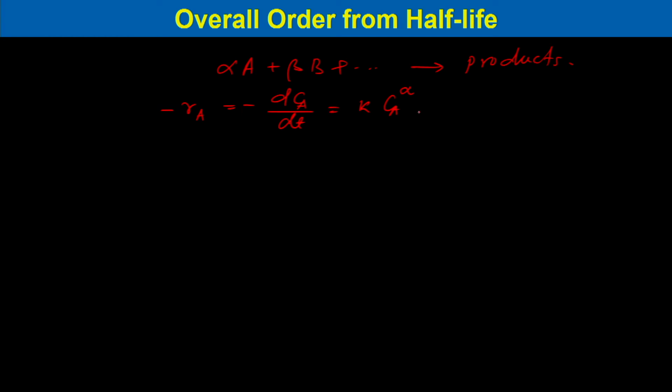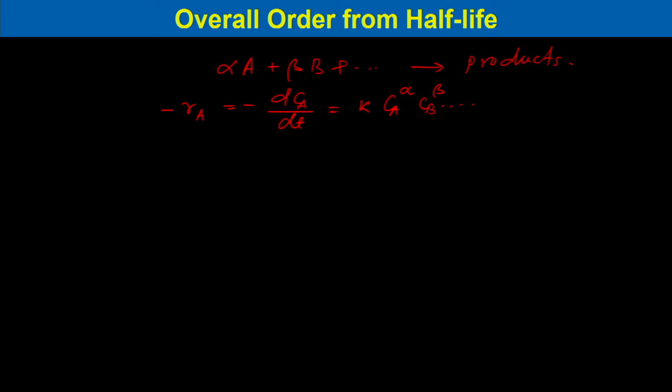So, consider the irreversible reaction alpha A plus beta B and so on going to products, and we can write the rate of the reaction for this as minus r_A is equal to minus dC_A/dt, which is equal to k into C_A to the power alpha, C_B to the power beta and so on.